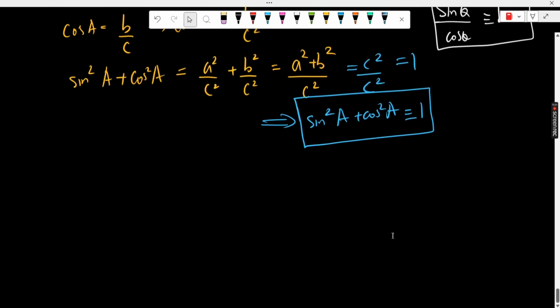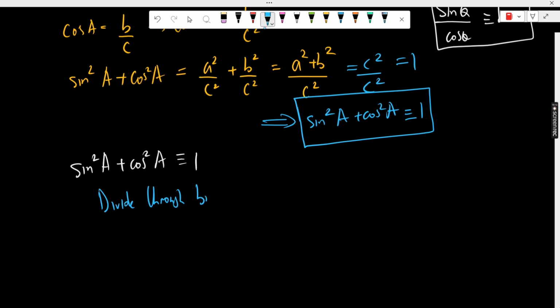So let's take this identity that we just showed, this same one here, sine squared A plus cos squared A is equivalent to 1. And for this now, we're going to divide both sides through by cos squared A first.